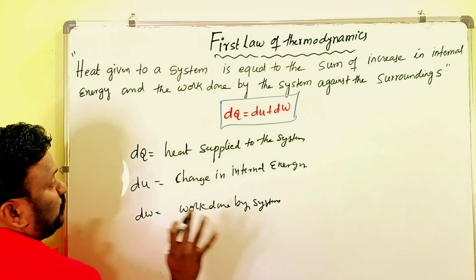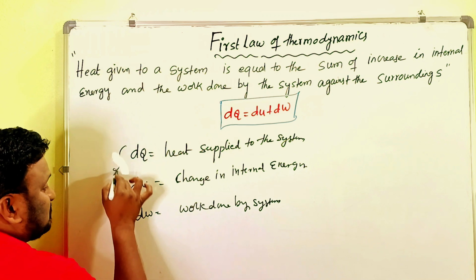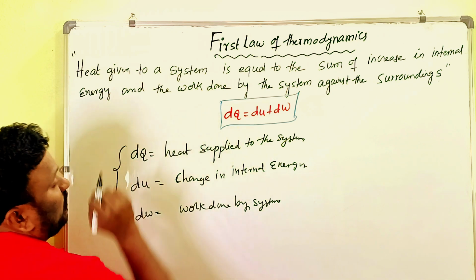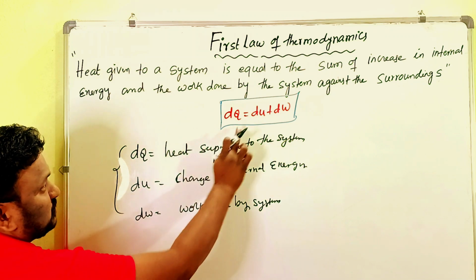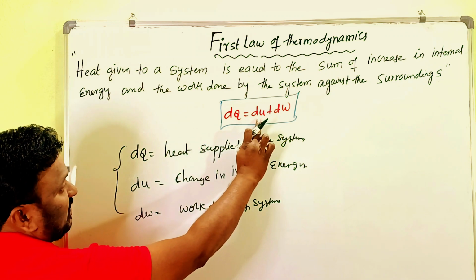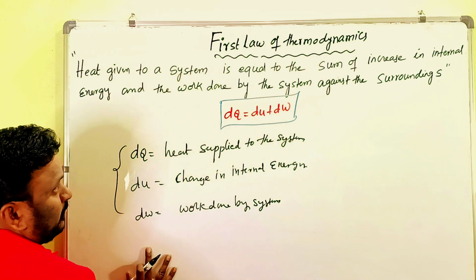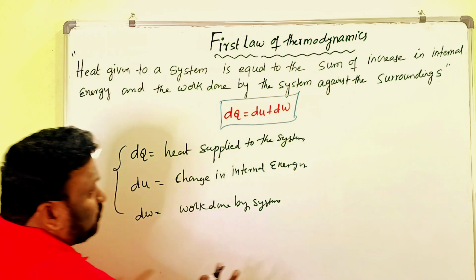Clear? So this is simply the first law of thermodynamics: dq, the heat supplied to the system, equals the sum of the change in internal energy and the work. This is what we call the first law of thermodynamics.